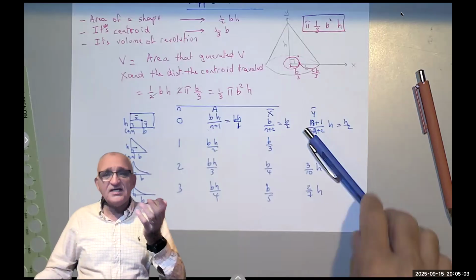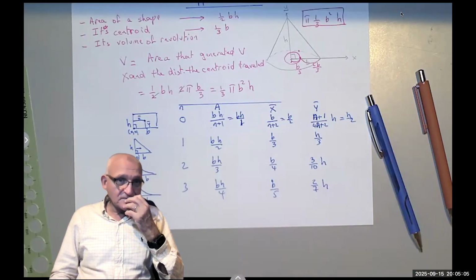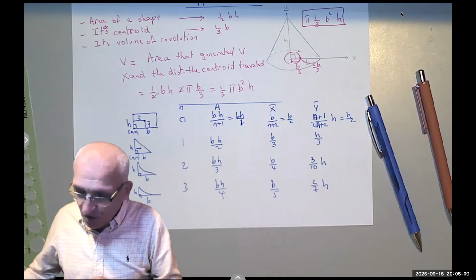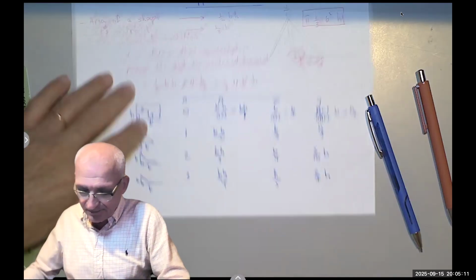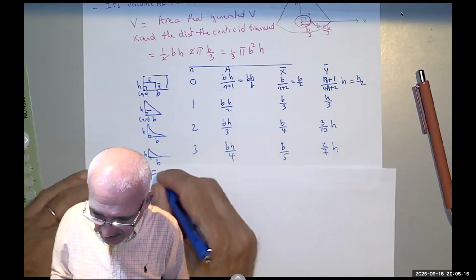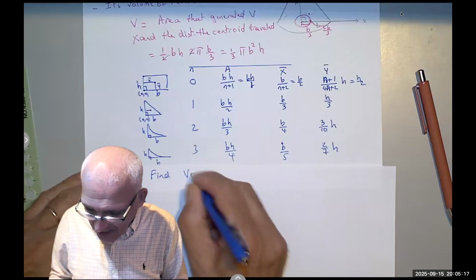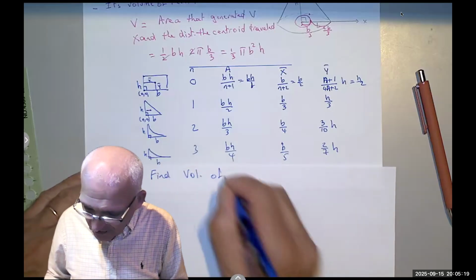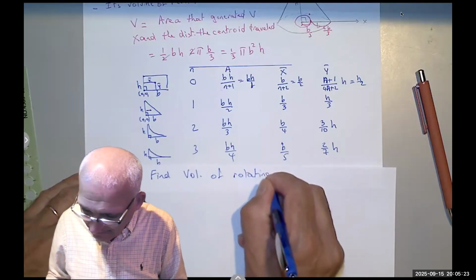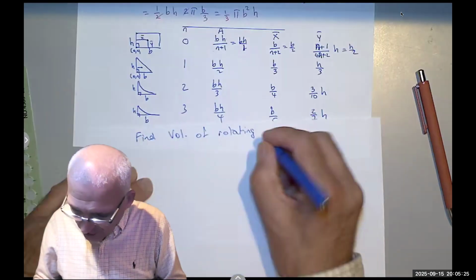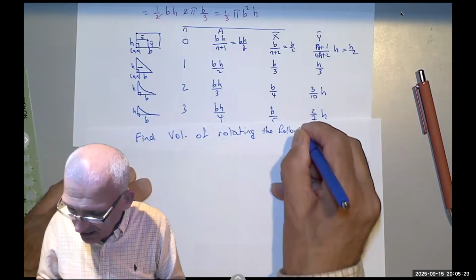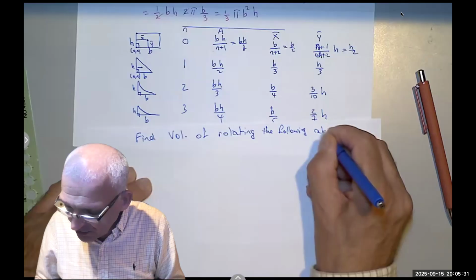And you say, why are you telling that? I'll tell you now. The problem I want you to solve is to find the volume of rotating the following shape about the y-axis.